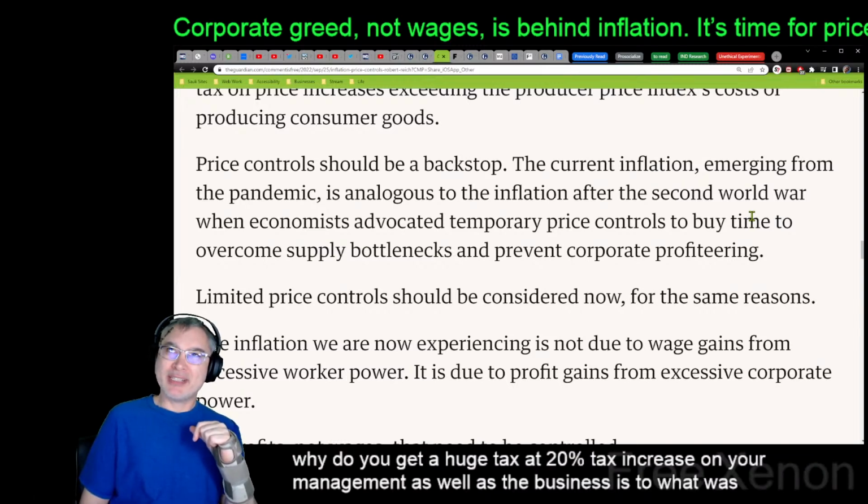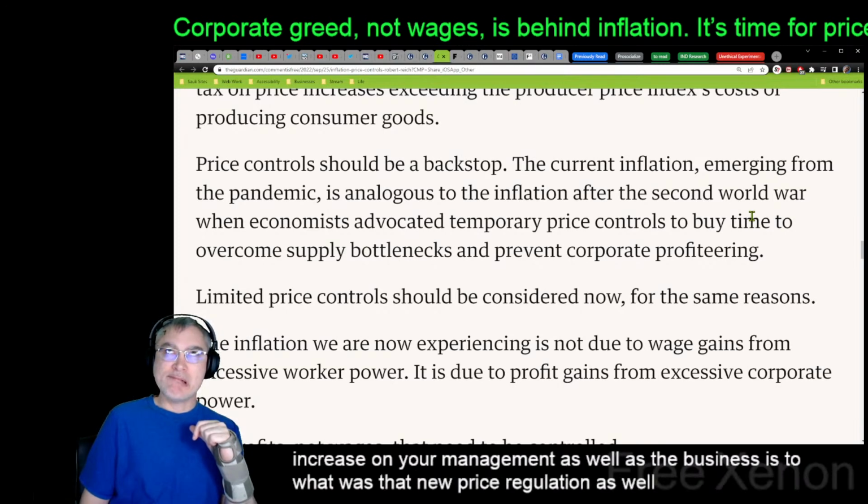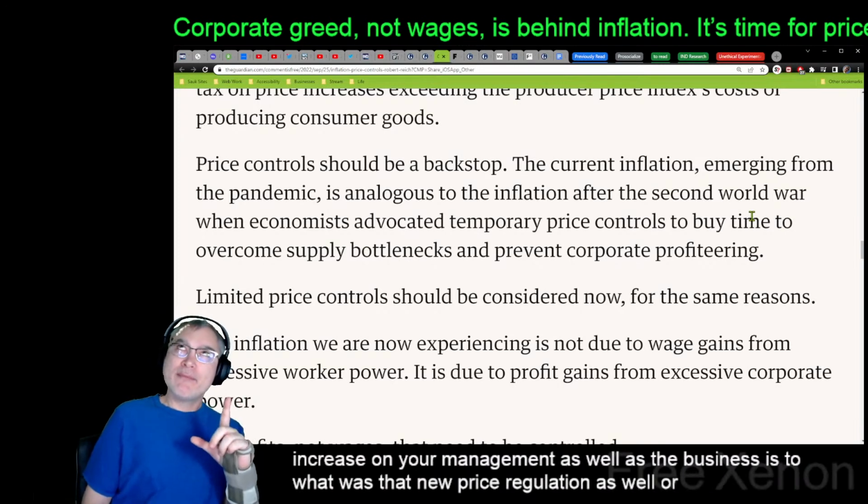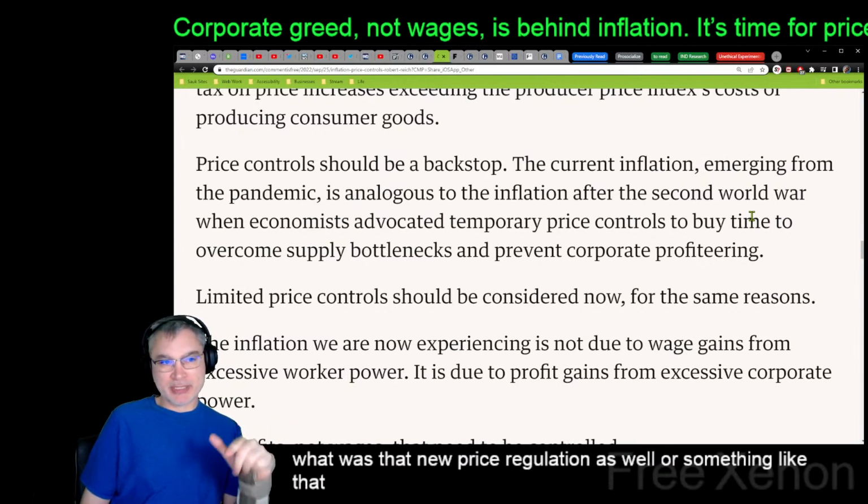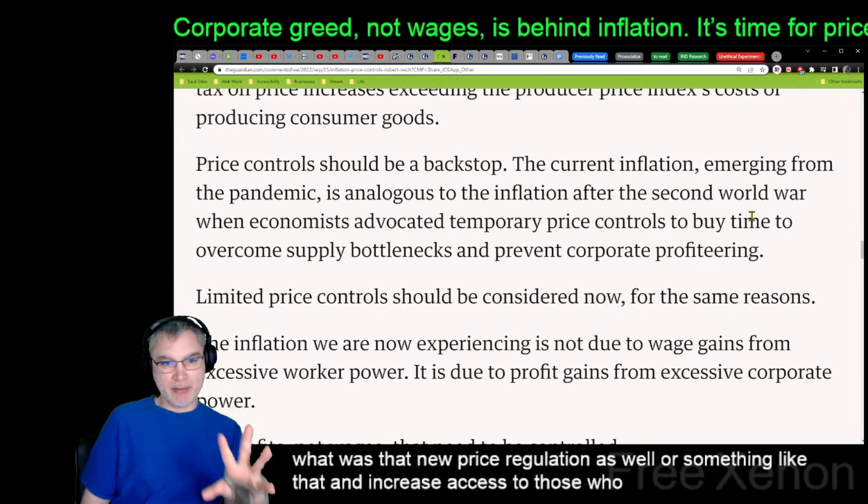Well, with that, you're going to have to do price regulation as well, or something like that. Price regulation plus an increased tax for those who are abusing the system.